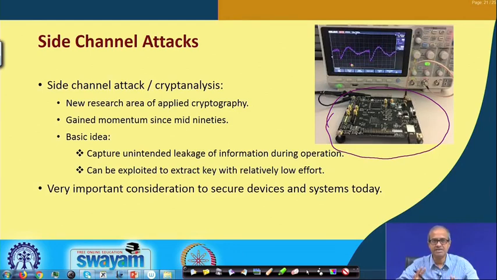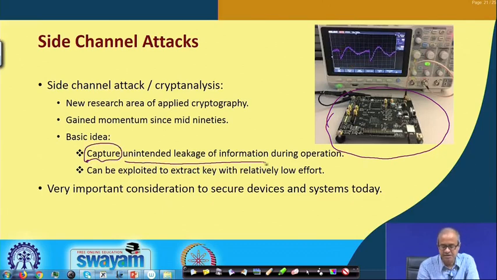So, the basic idea is something like this. We are trying to capture unintended leakage of information. This is the key word, unintended leakage of information during operation. Okay? And this information that you are capturing can be used to extract even the secret key that you are using for encryption decryption with relatively very little effort.